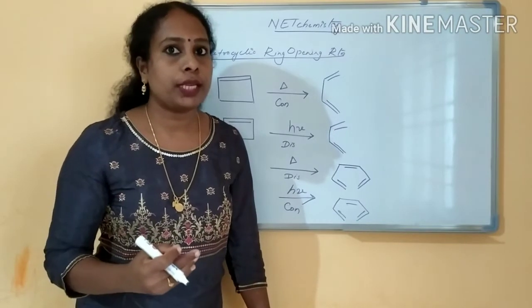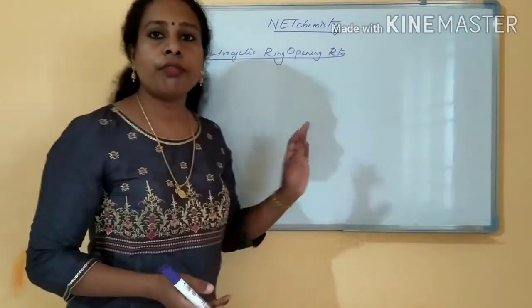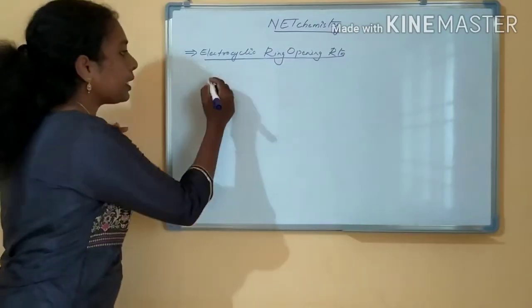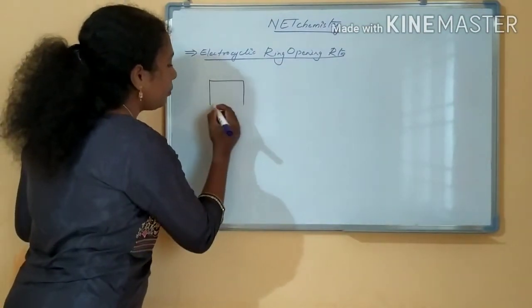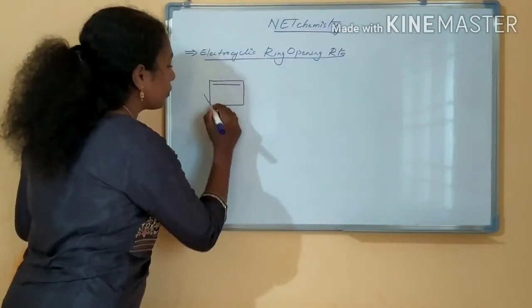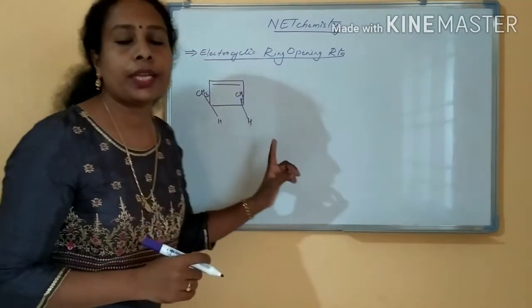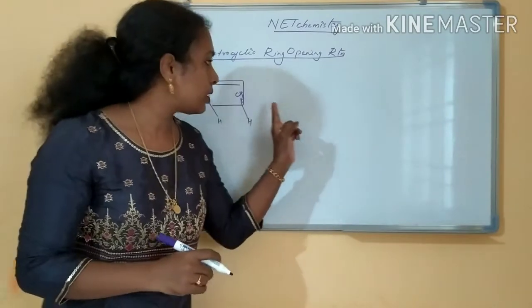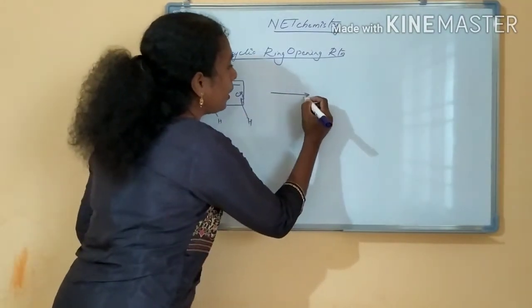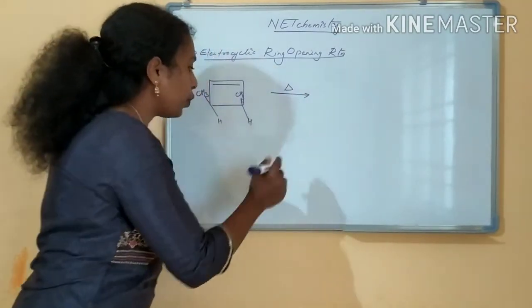We will see some examples with substitution. I am writing a cyclobutene for the ring opening reaction, under thermal condition and under photochemical condition.